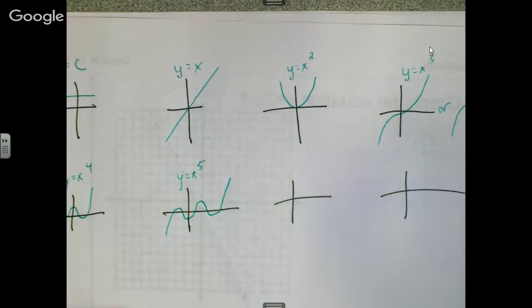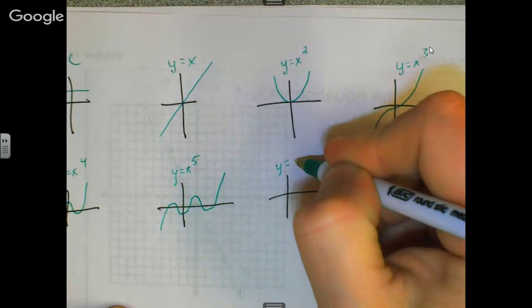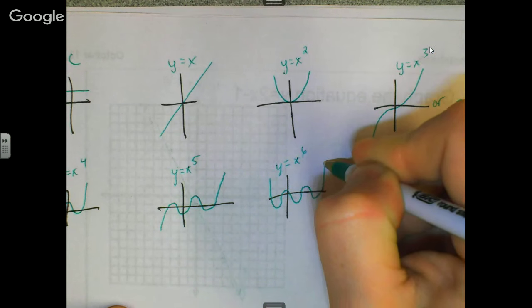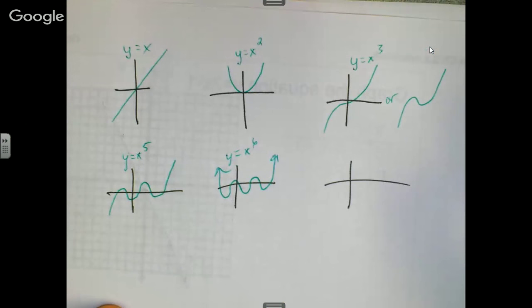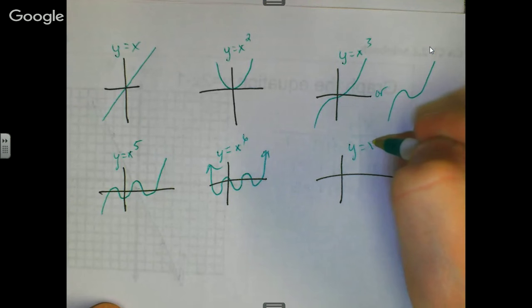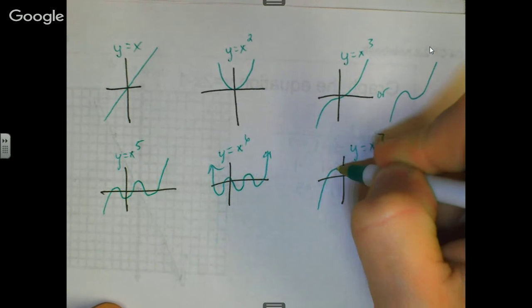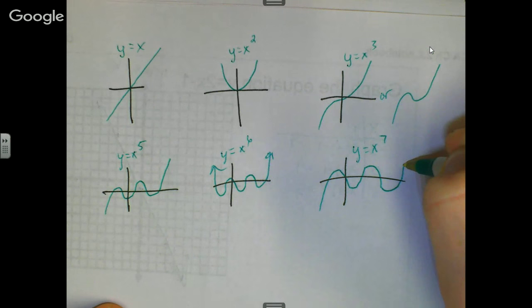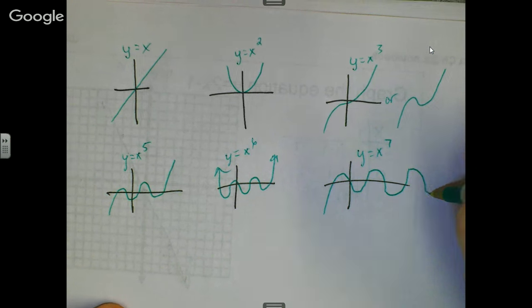And hopefully you're seeing here what's happening is we're just adding in some extra humps in here. This would be to the third, fourth, fifth, sixth, seventh.